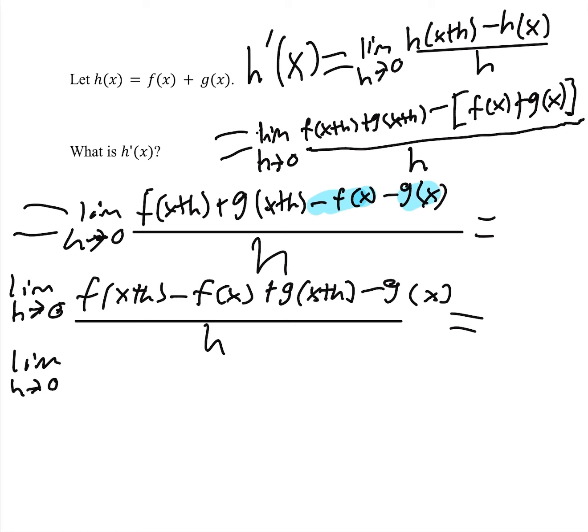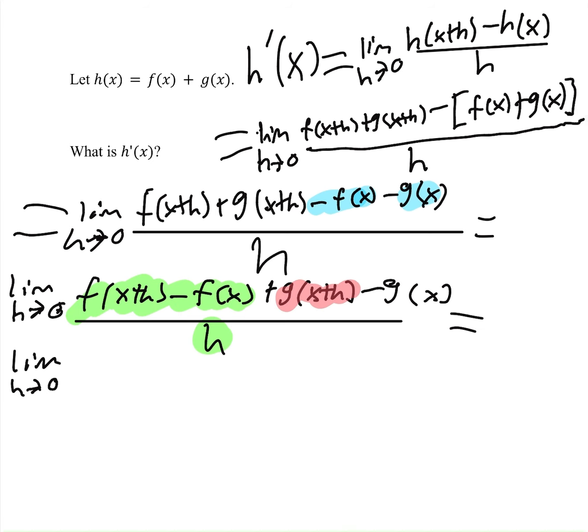Now I can say that the limit as h goes to 0, I can break down this h term by term. I can divide term by term. So this h goes with this f of x plus h minus f of x.